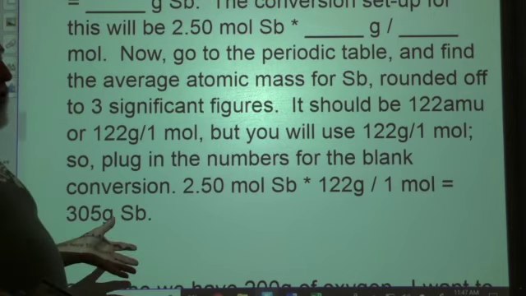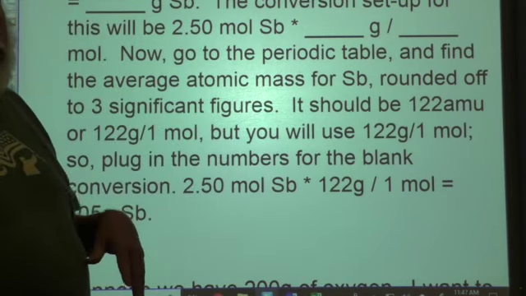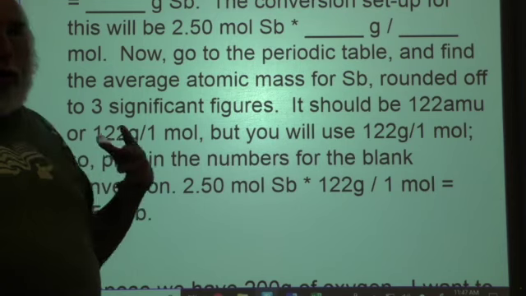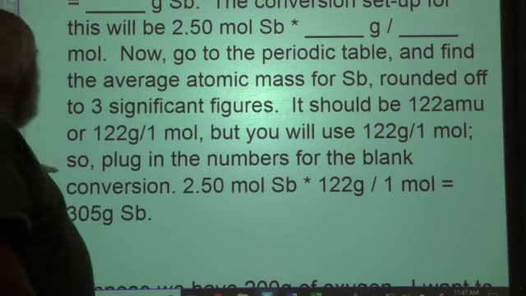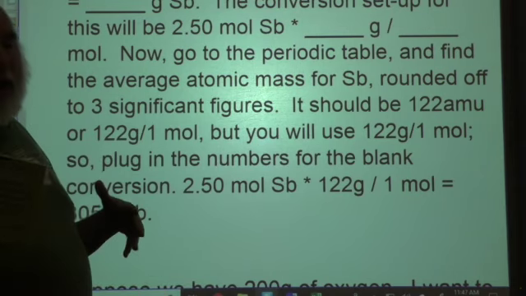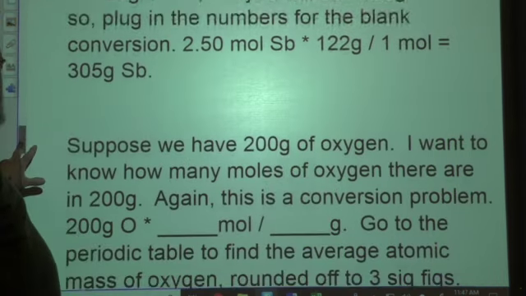Okay, so that's how we go from different numbers of moles up to either atoms of a substance or grams of a substance. Now, let's go the other direction. Let's start with a number of grams or a number of atoms and see how many moles we actually have.